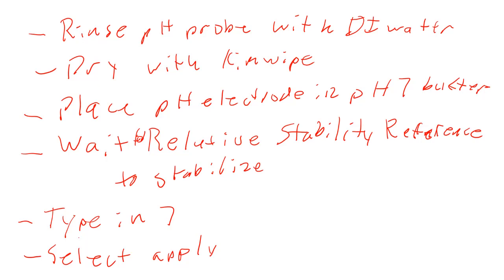So you will be putting the solution on a magnetic stirrer and keeping it running. Make sure that your magnetic stir bar does not hit the pH probe, because as I said, the pH probe is very fragile and it's sensitive. So if you let that stir bar hit your pH electrode, it can break it, and then it's not going to work properly anymore.